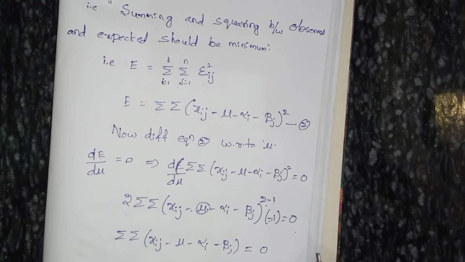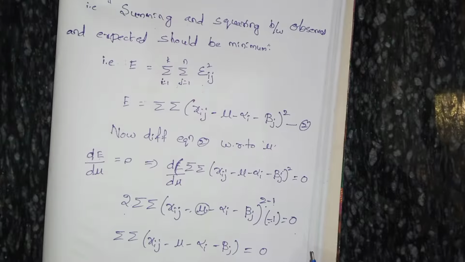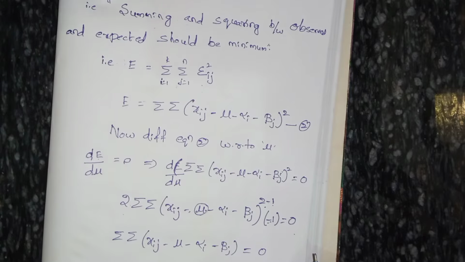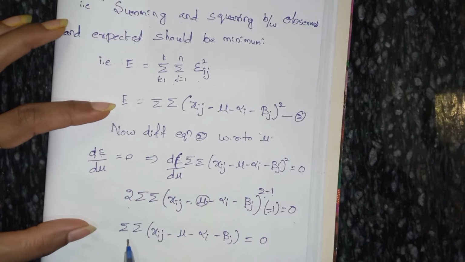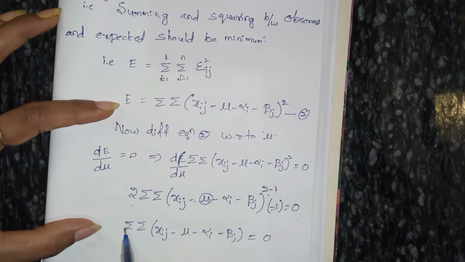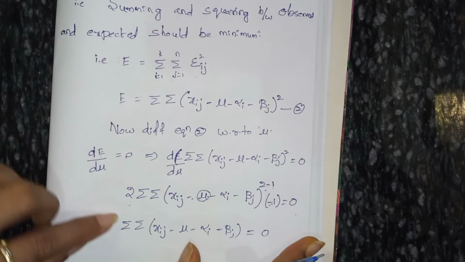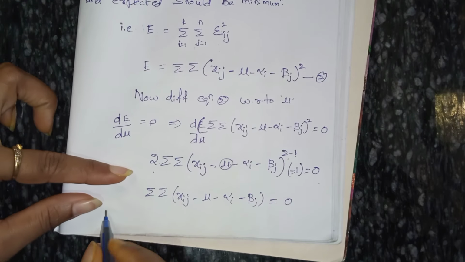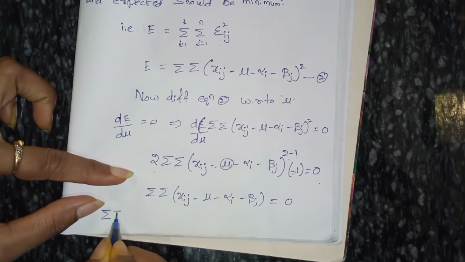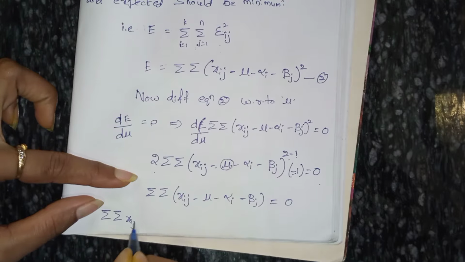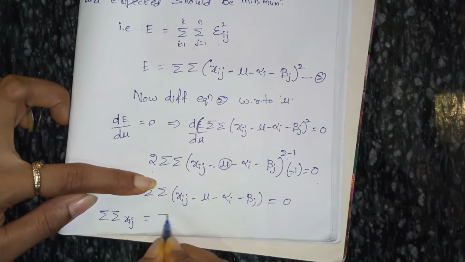Okay, so now what we have to do in the next step? We have to multiply this term with the whole terms. So I am going to write double summation xij equals double summation mu.